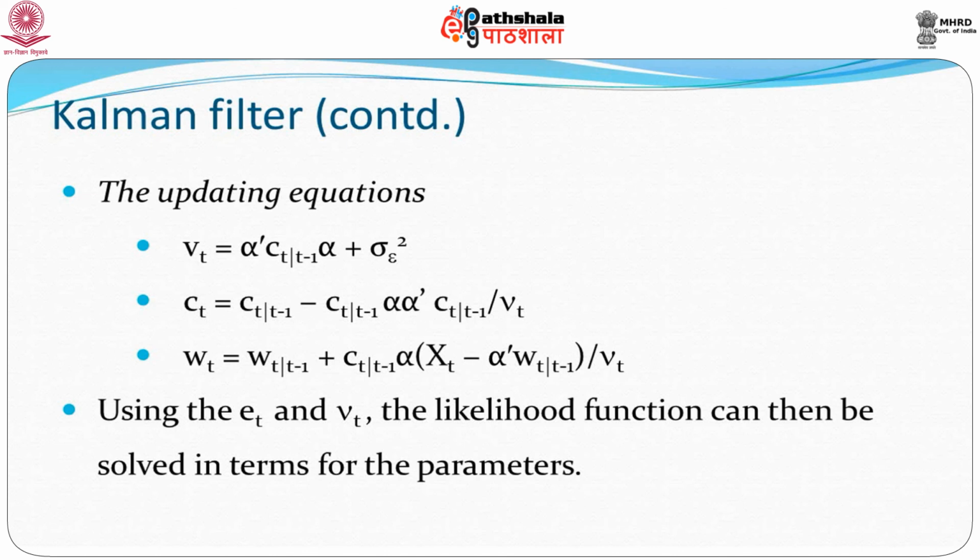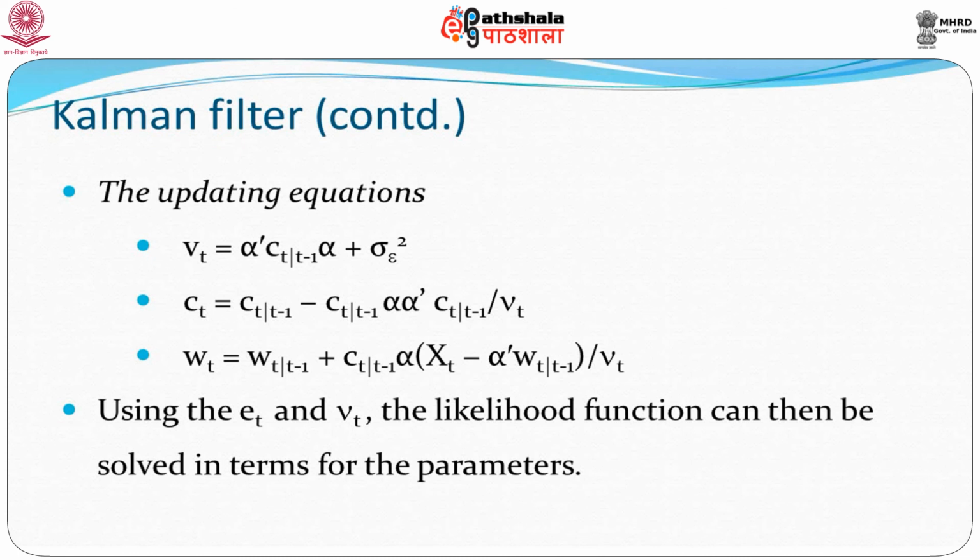The inverse looks complicated, but if we apply some of the standard matrix inversion theorems, you can get this inverse as Ct given t minus 1 minus 1 by nu t, Ct given t minus 1 alpha alpha prime Ct given t minus 1. Then you have the remaining part, x prime sigma inverse y, and you multiply that with the inverse form and you get your Wt.